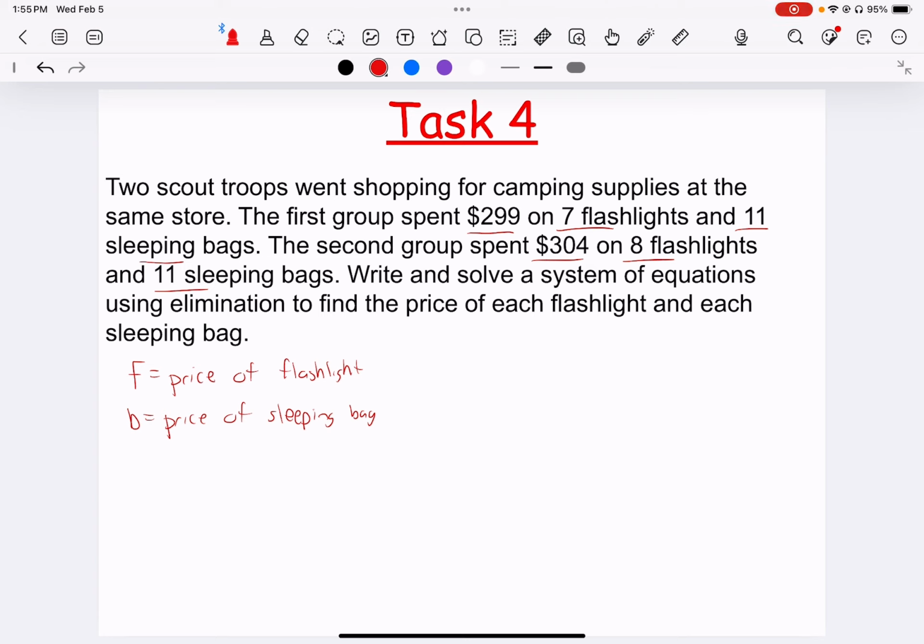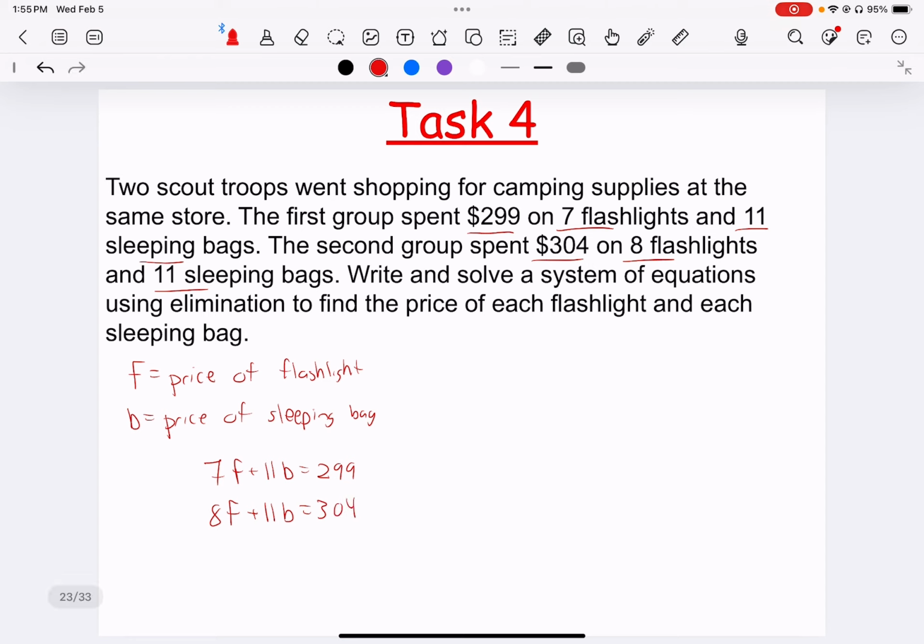So the first group spent $299 on 7 flashlights and 11 sleeping bags. So that's 7F plus 11B equals $299. And the second group bought 8 flashlights, so that's 8F, and 11 sleeping bags, so 11B, for a total of $304.